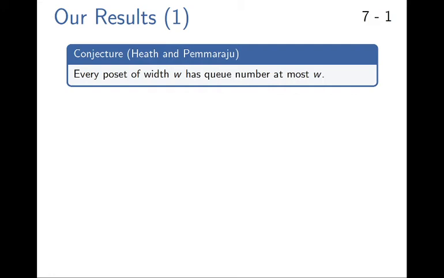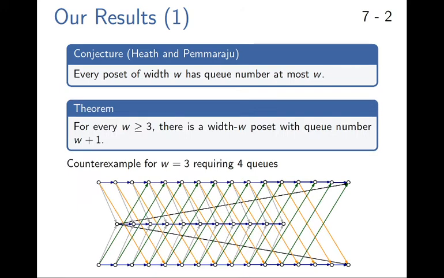And at first glance, it looks like this works always, but we were able to find a counterexample. We were able to show that in any linear ordering, this DAG here, which reflects a proper poset, needs 4 queues, but it has width 3.